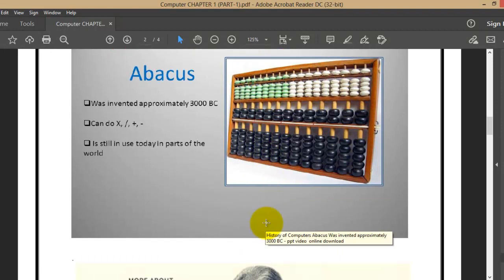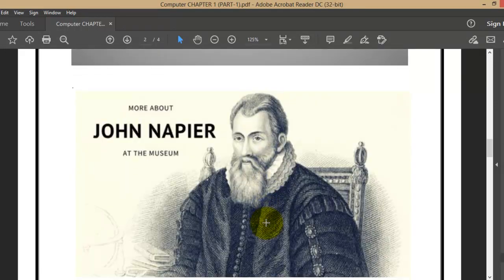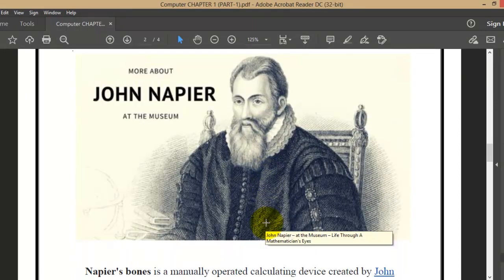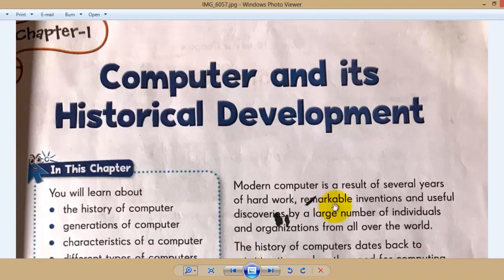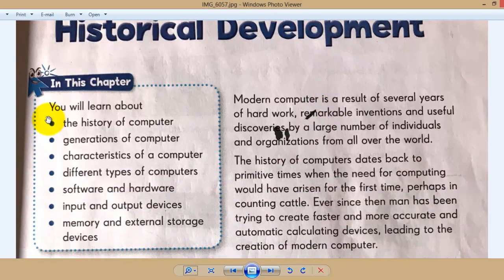Before starting, let's see our textual chapter. That is the first one, chapter number 1, Computer and its Historical Development. In this chapter you will learn about the history of computers, where the computer was developed, generations of computers, the different types of generation. This one you have already learned in a previous class also.